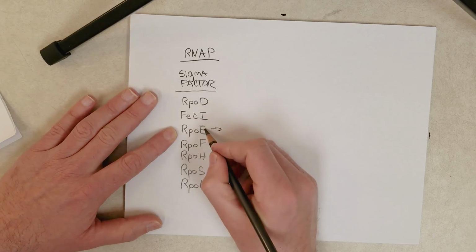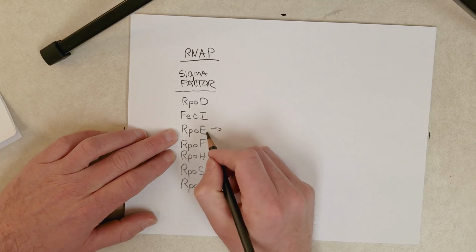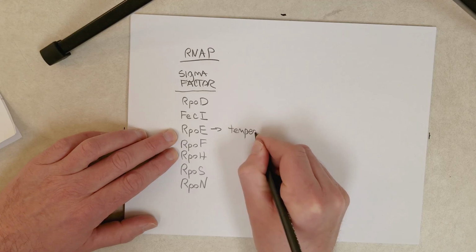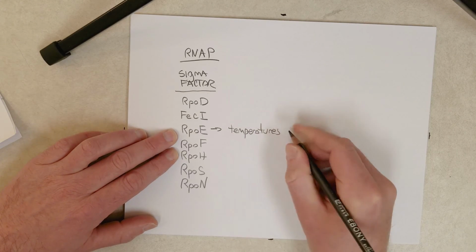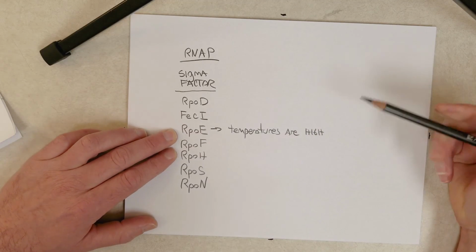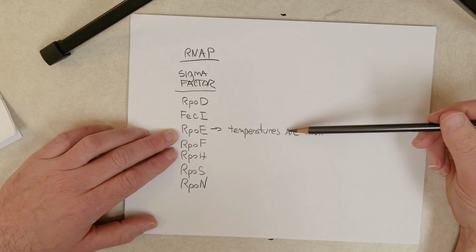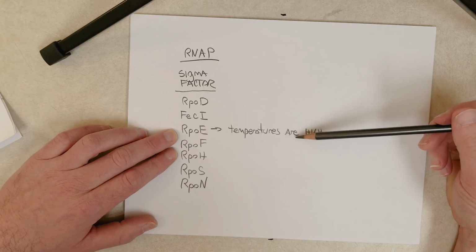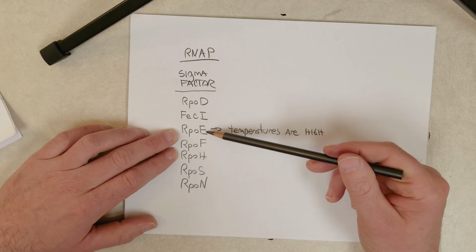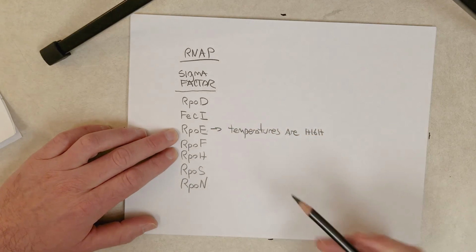So this sigma factor right here tends to be expressed when temperatures are high. So you're growing a culture of E. coli, you move the culture to an incubator that is 10 degrees higher, then we should expect to see higher expression of this gene right here, this sigma factor.